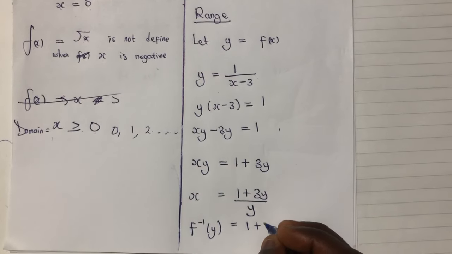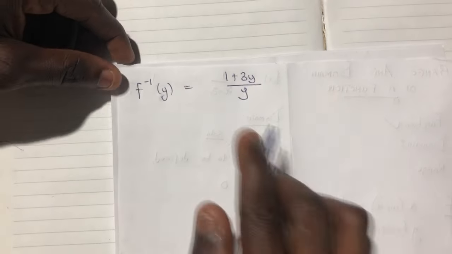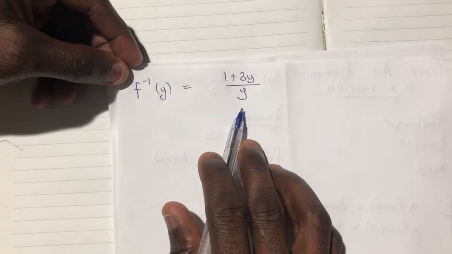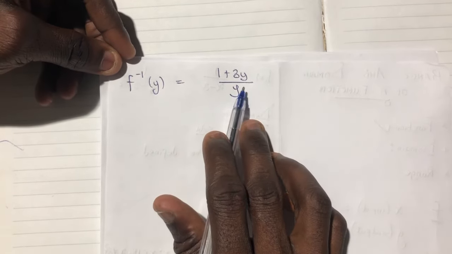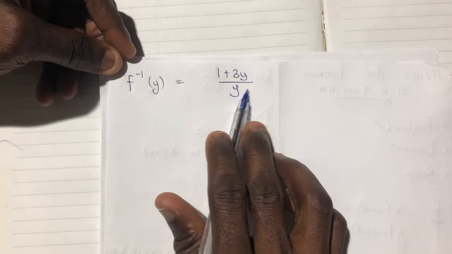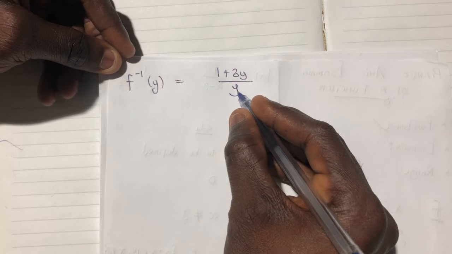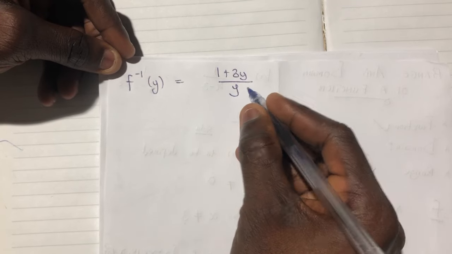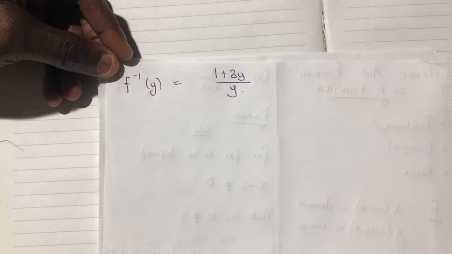1 plus 3y out of what? Y. So now we will look at the denominator. Once we look at the denominator, what is it that when we equate this denominator to 0, the equation will be undefined. So when we equate this to 0, if y equal to 0, and we always consider the denominator, we cannot find the range.